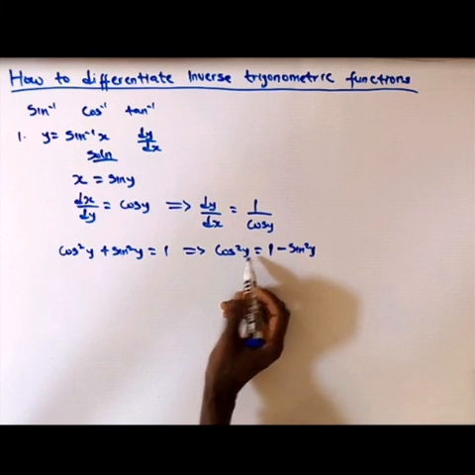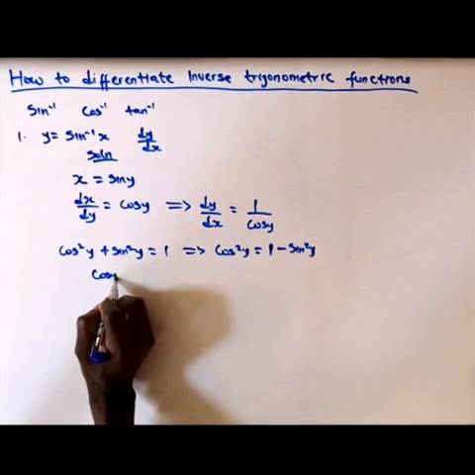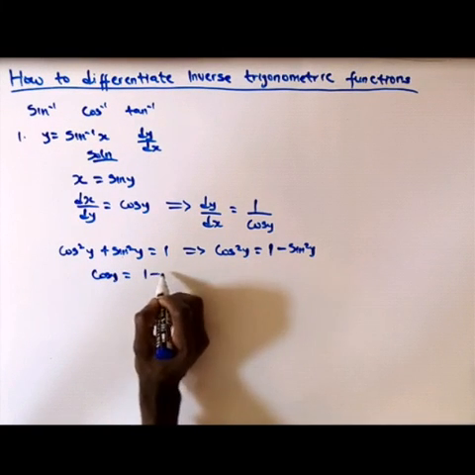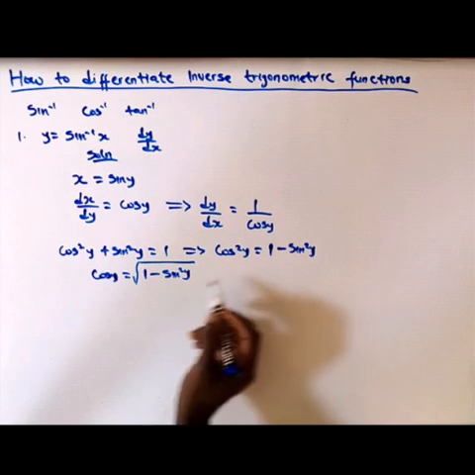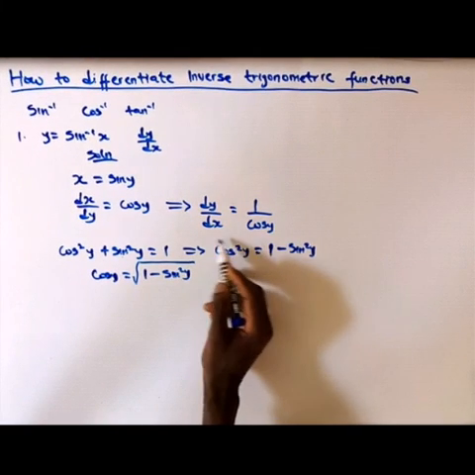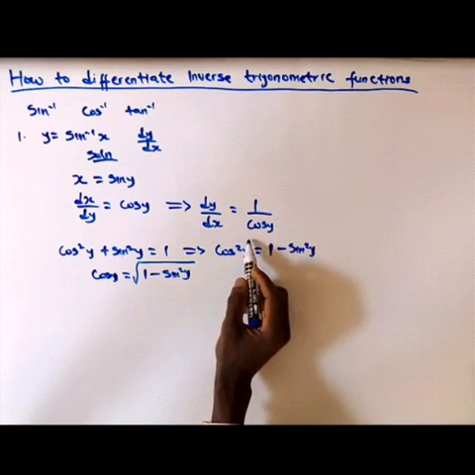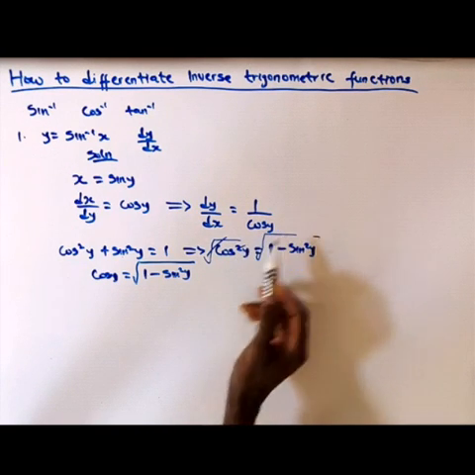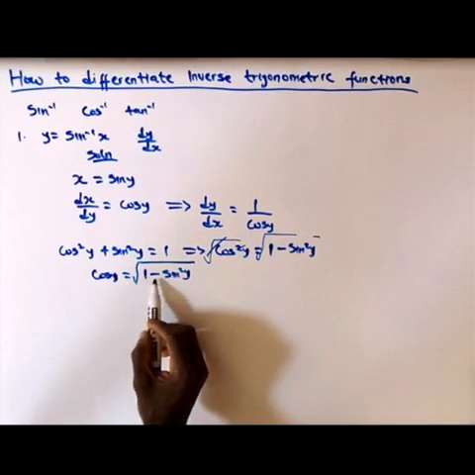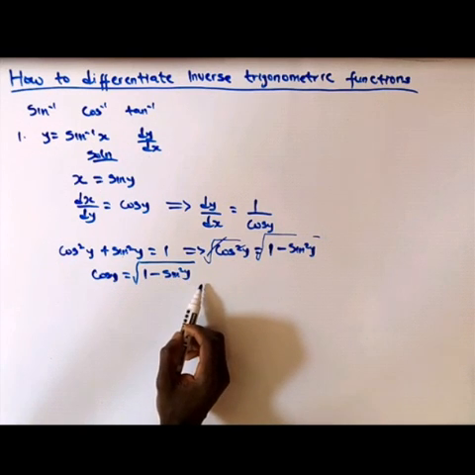So to get only cos y, we take the square root of both sides. If you do that, the square root and the square will cancel, so that cos y will give us the square root of 1 minus sine square y.